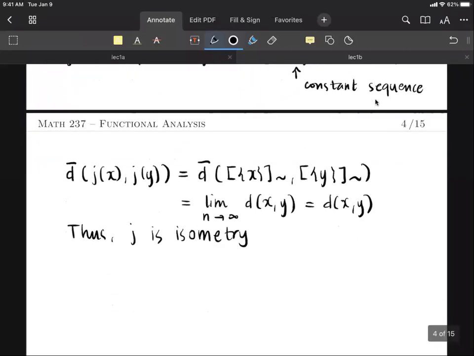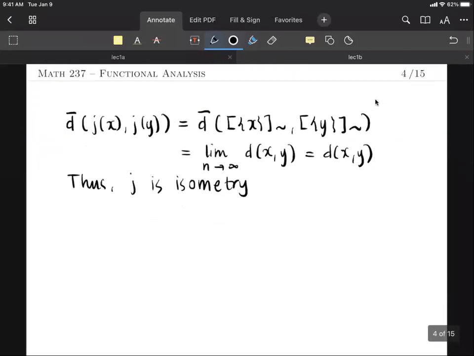The second property is that we need to prove the density of J of X in X bar. So to do that, let us pick an element of X bar. So that's an equivalence class of a Cauchy sequence.